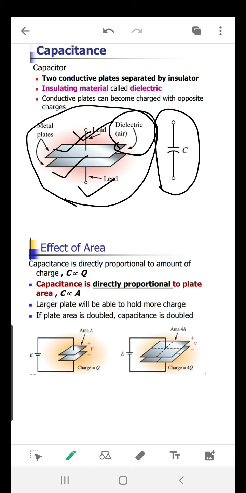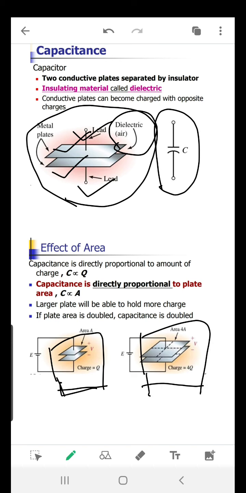Then effect of area on capacitor. What is the area? Suppose this is a capacitor which area is A, and this is a capacitor represented by 4A. That means this capacitor area is 4 times the first capacitor. The capacitance is directly proportional to the amount of charge, and the capacitance is directly proportional to the area of the plate, area of the dielectric plate.